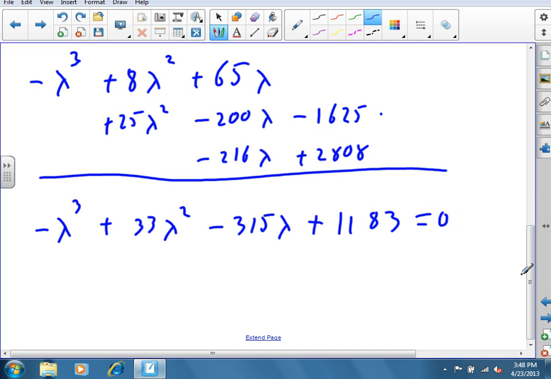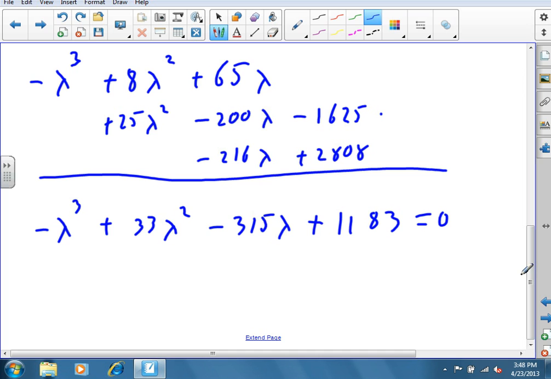Now luckily my new fancy less than $20 calculator will let me solve polynomials of a third order. Isn't that lovely? I know you'd like that. So I'm going to put in a minus 1, a 33, a minus 135, and a 1183.